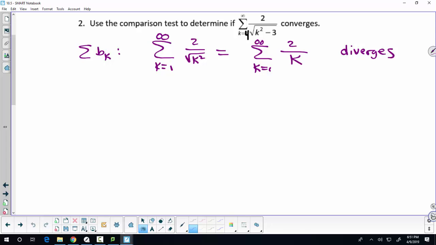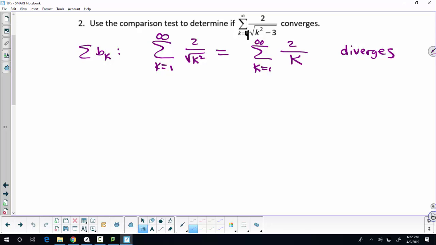So that's why we just looked at 2 over root k squared, ignoring all the other negligible terms in the numerator and denominator, which gives us 2 over k, which is 2 times our harmonic series, so that's a divergent series. Whether we include that 2 or not doesn't affect our comparison or the conclusion. We could have equivalently compared this to 1 over root k squared or 1 over k.